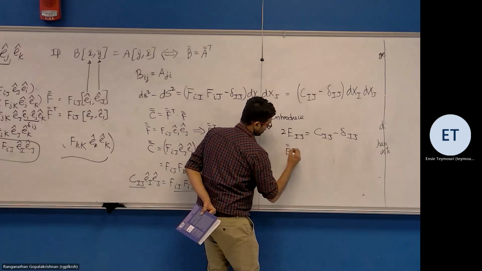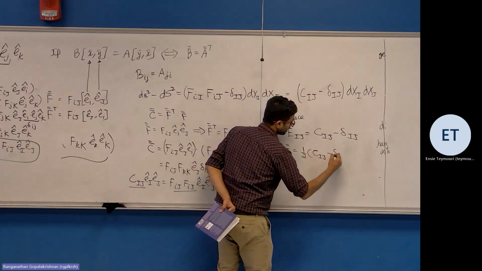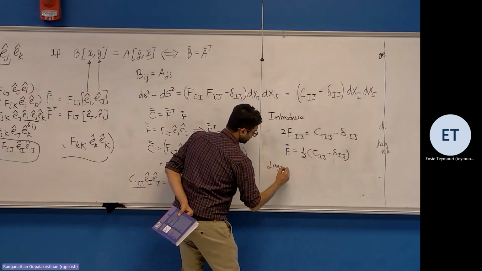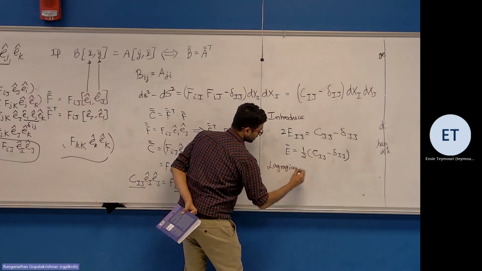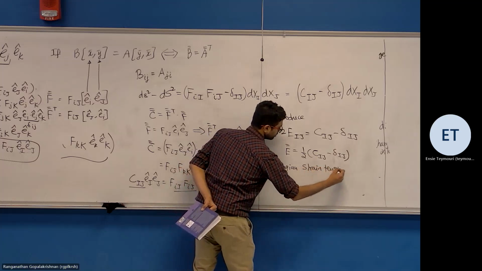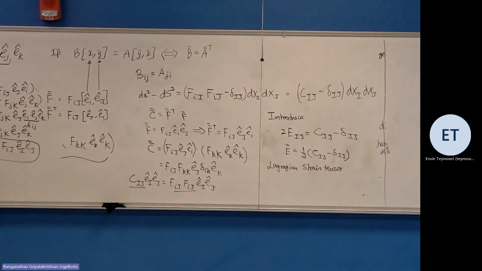E is half of C_ij minus delta_ij, which is called the Lagrangian strain tensor. We'll come to its interpretation in a second. Lagrangian strain tensor.